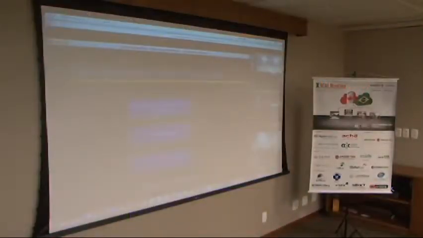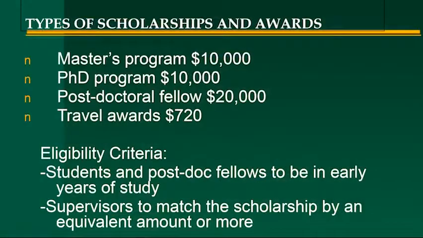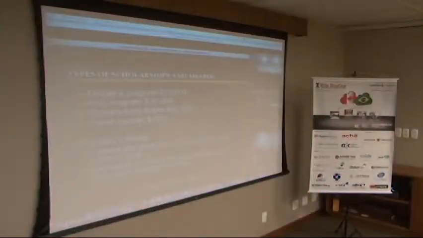So the activity of this program is such that students receive a fellowship from the program. However, they have to specifically work on a drug discovery related subject. Next slide, please.